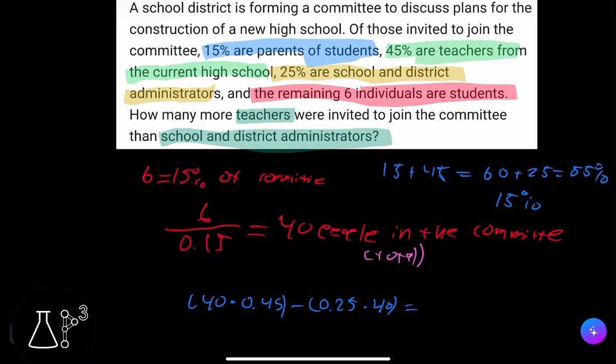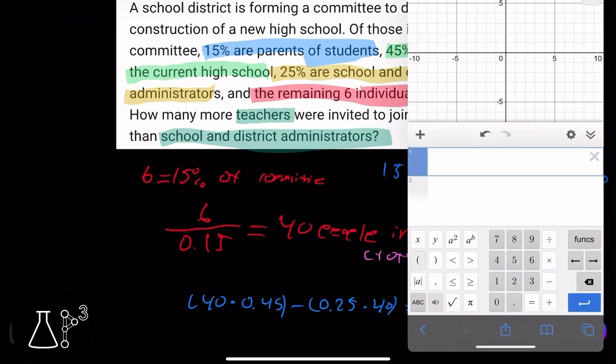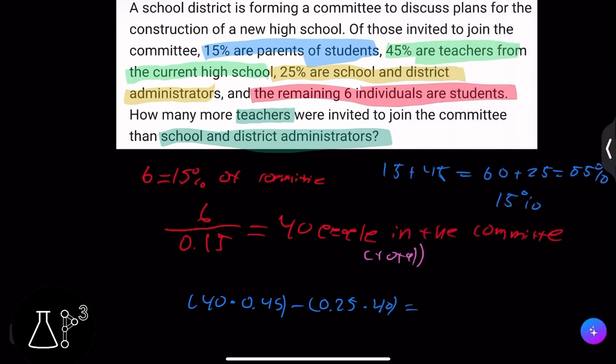So now let's plug that in. Parentheses 40 times 0.45, minus parentheses 40 times 0.25, I'm going to get 8. Therefore, 8 is our answer.